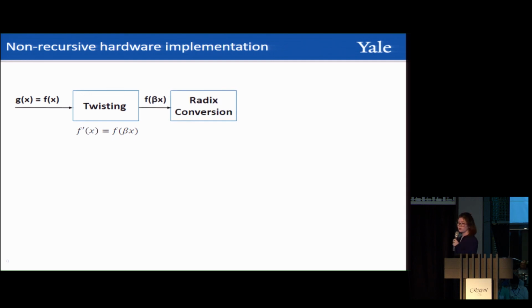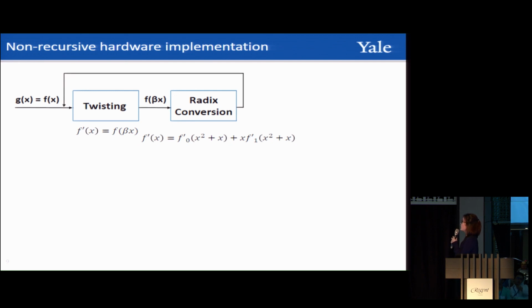And then you feed the twisted polynomial into the radix conversion module, which transforms the polynomial into two half-degree polynomials. And then you repeat this process for some rounds or levels until you get a bunch of constants. And then you feed it into the reduction module.